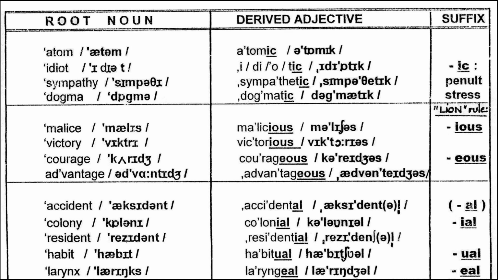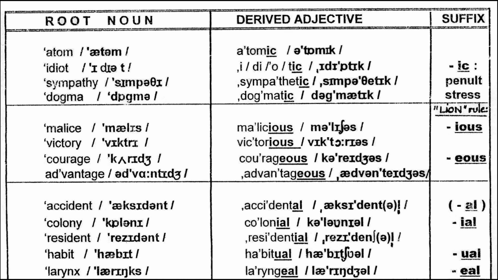Next word. The root noun is idiot. The stress is on the first syllable, idiot. When we have added the stress shifting suffix -ic, it becomes idiotic. So what happened here? We notice not only a stress shift from e to o, but also a change in vowel quality from the ear in idiot to the o in otic. Next root noun is sympathy.